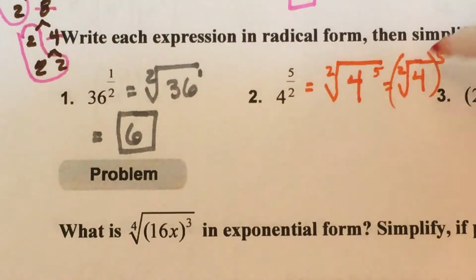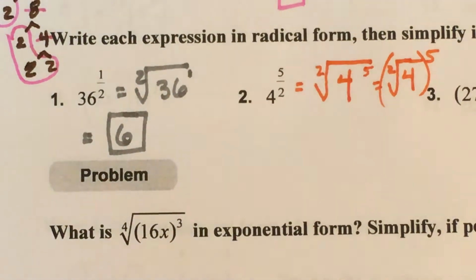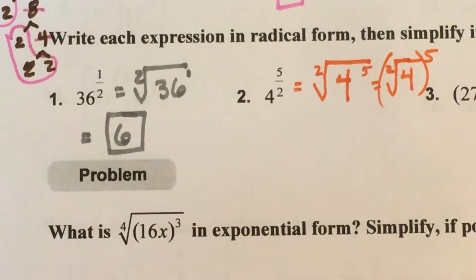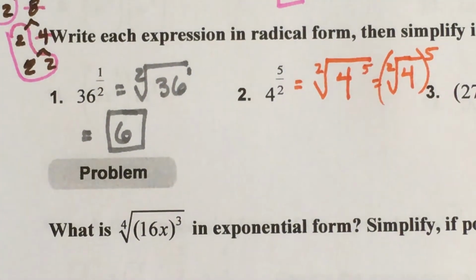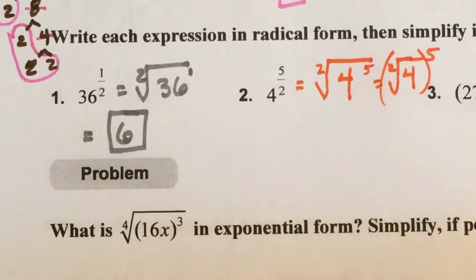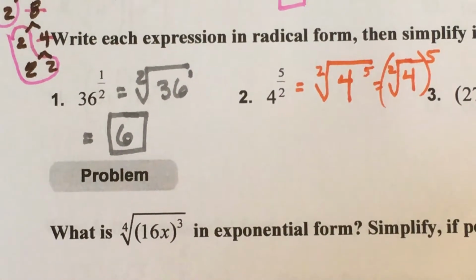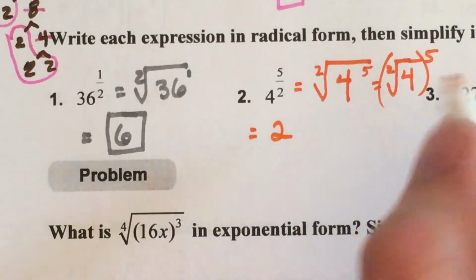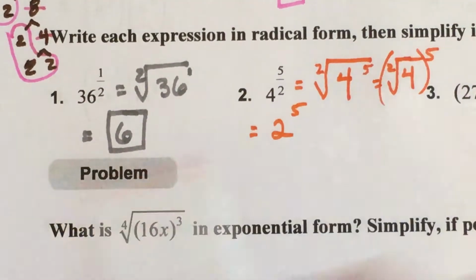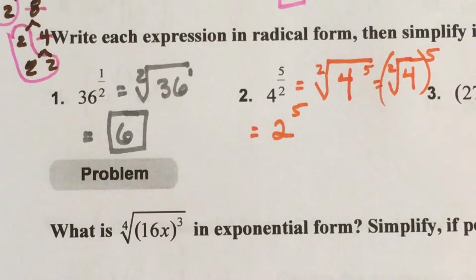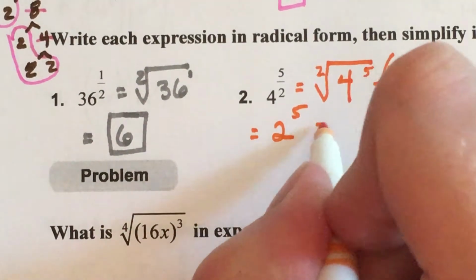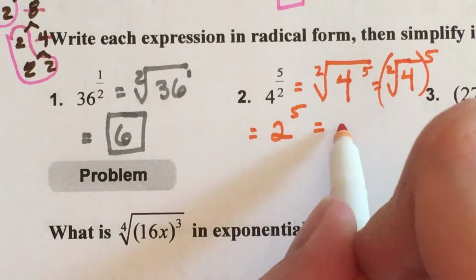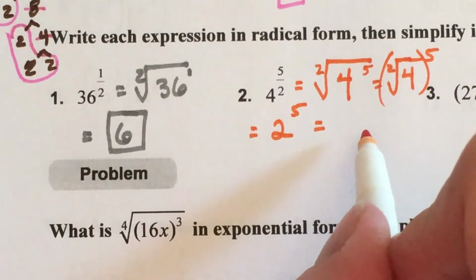These mean the exact same thing. I just put the 5 outside instead of inside. But they really do mean the exact same thing. So what is the square root of 4? Do you remember? It's your favorite. 2. So this is now 2 to the 5th power. And you've got a great brain and a calculator, so if you can do it in your head, great.